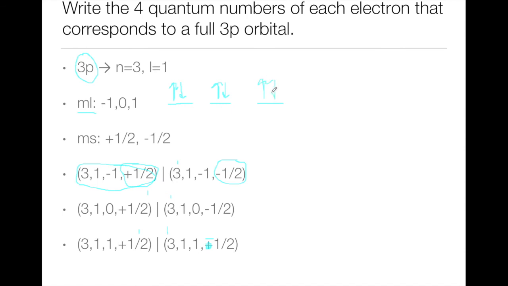And this is a full 3px, 3py, and 3pz. Alright, this is a full 3p orbital. It has how many? 1, 2, 3 orbitals. It is a 3p subshell actually. Yes, it is a 3p subshell. It has 3 orbitals here.